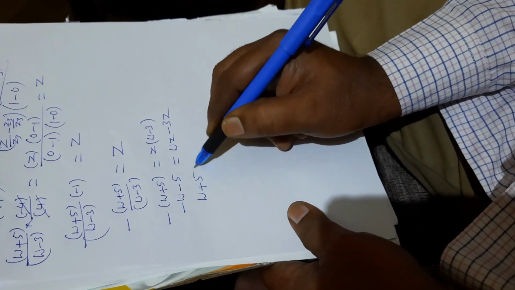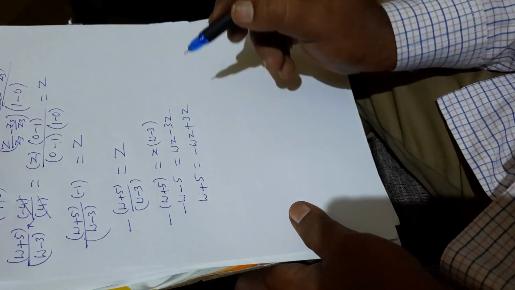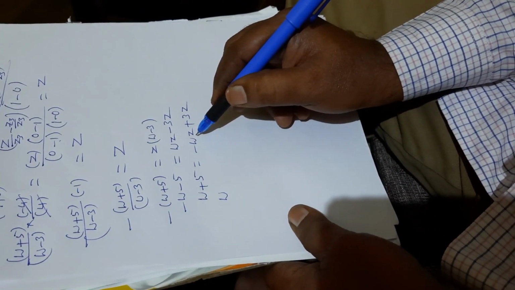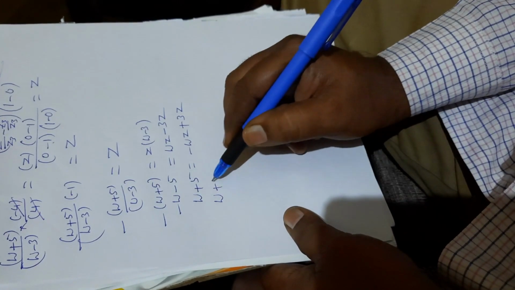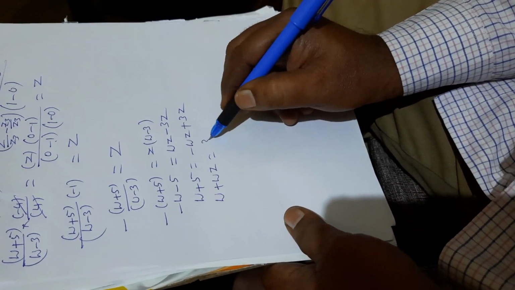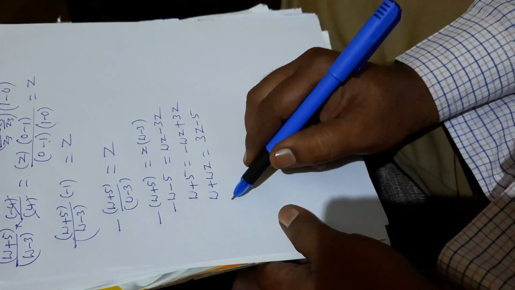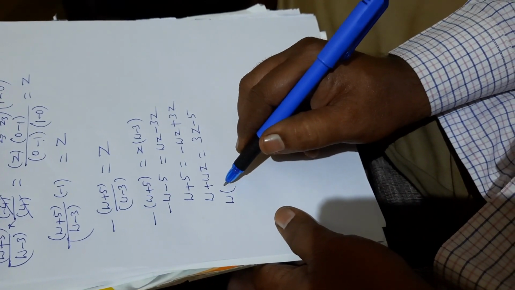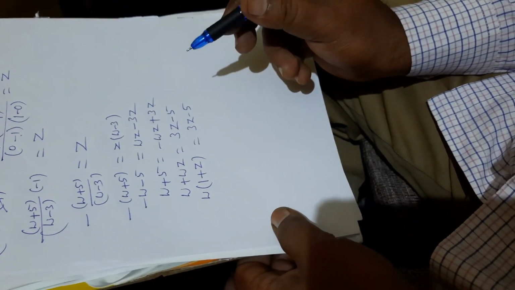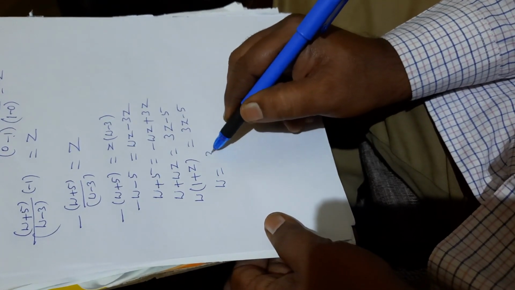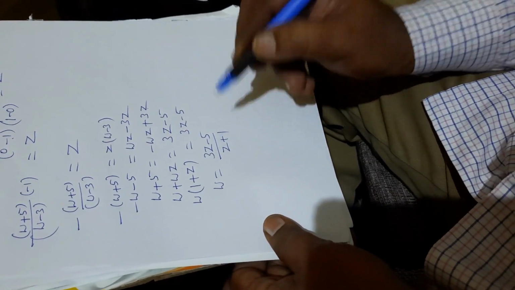Minus W minus 5 minus WZ equals minus 3Z. Bringing minus WZ to the left hand side as plus WZ, and 3Z to the right hand side, plus 5 becomes minus 5. Therefore W is common: W(1 plus Z) equals 3Z minus 5. Therefore W equals (3Z minus 5) divided by (Z plus 1).